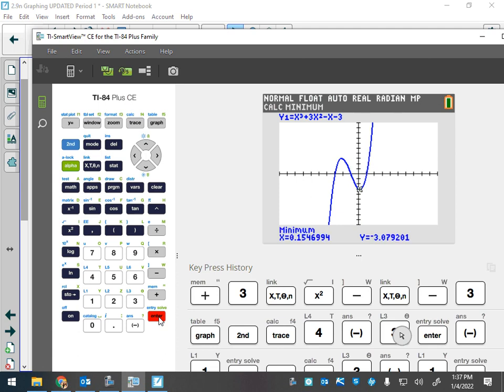And my minimum, roughly about that. Okay? So I used the x-intercepts. For the maximum, I typed in -3 for left bound, then -1 for right bound, enter for guess. Okay, so we're going to jot those down.